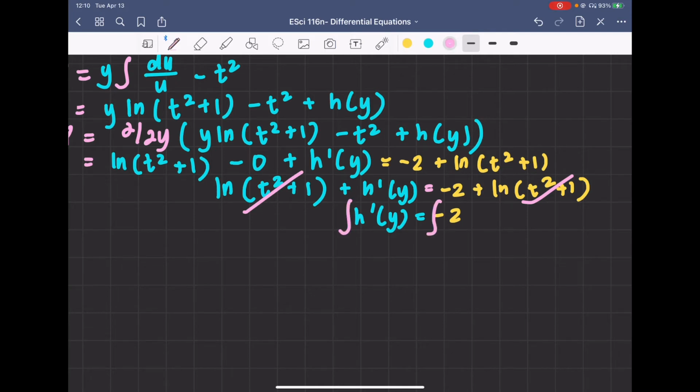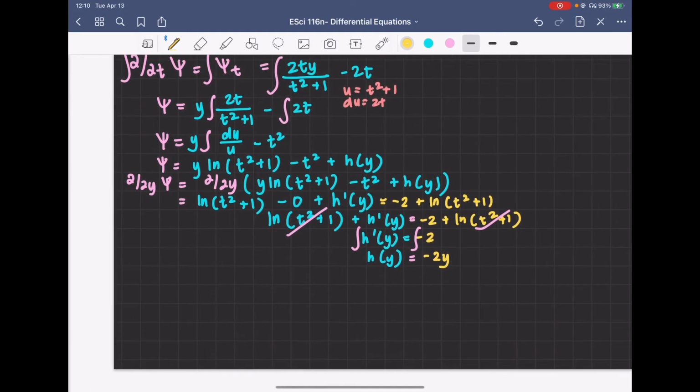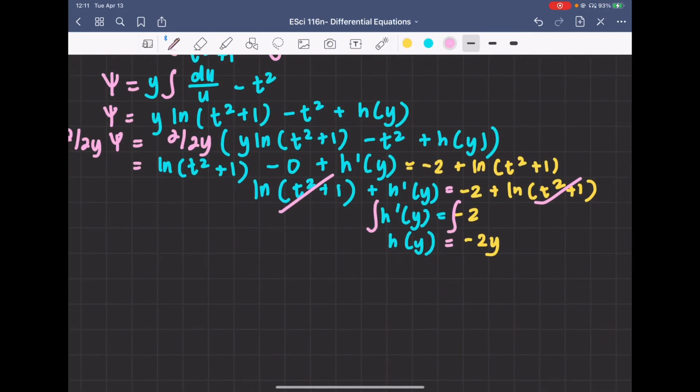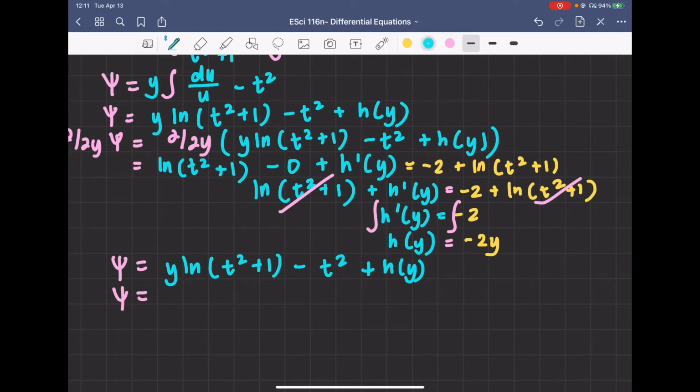Integrating both sides, we get h of y is equal to negative 2y. Now plugging that into our psi, which is y ln(t squared plus 1) minus t squared plus h of y, psi is equal to y ln(t squared plus 1) minus t squared minus 2y.